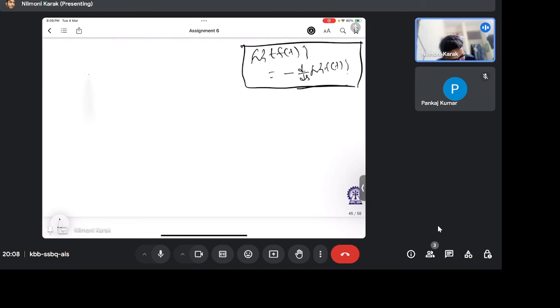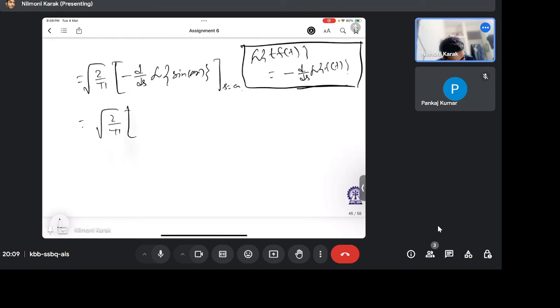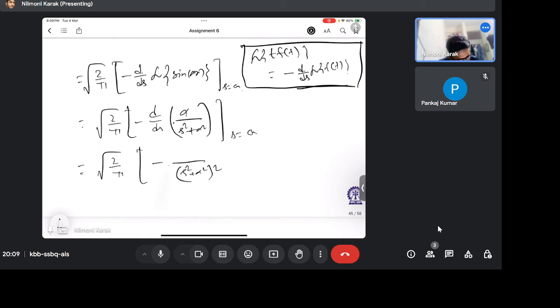So root 2 by pi times minus d/ds of the Laplace transform of sin alpha x at s equals a, which is root 2 by pi times minus d/ds of alpha divided by s square plus alpha square at s equals a. The minus sign gives 2 alpha s in the numerator.